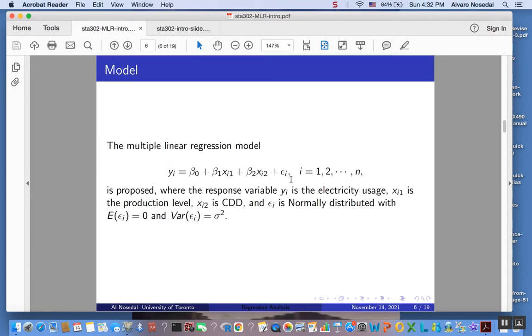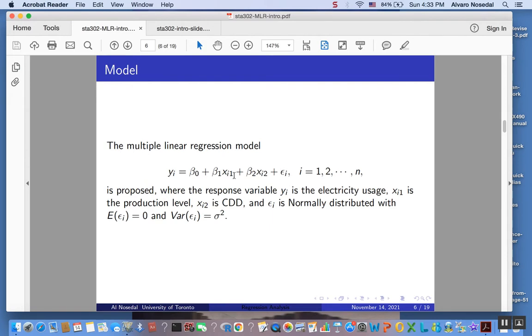In this case we have an extension of the classical simple linear regression model. We're not doing anything to the predictor variables. As we could see from that table that contains the full data set, we have two predictor variables, production and CDD, cooling degree days.